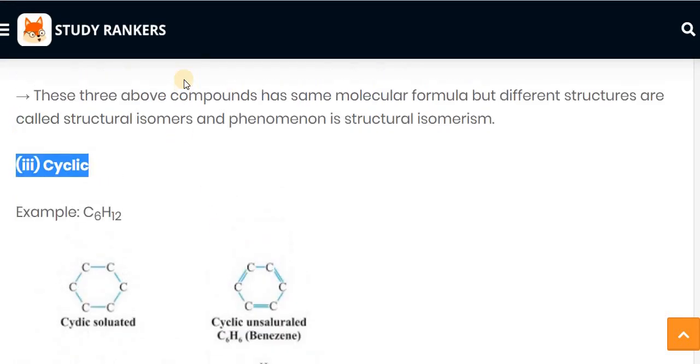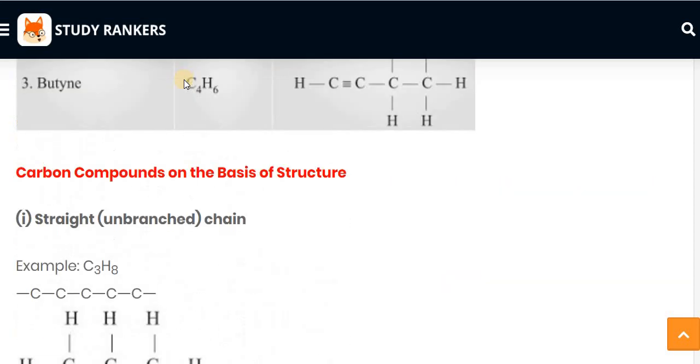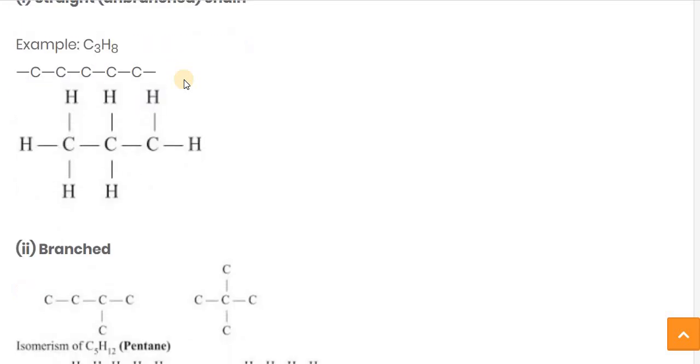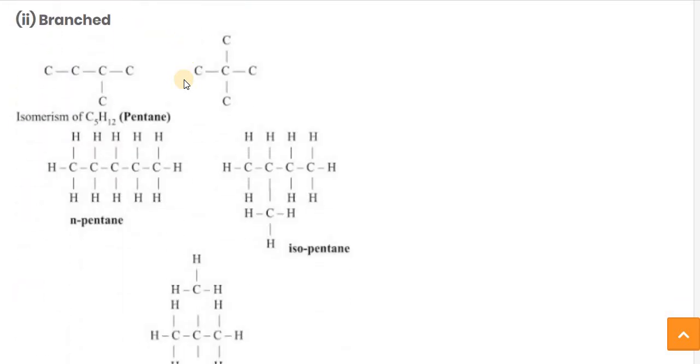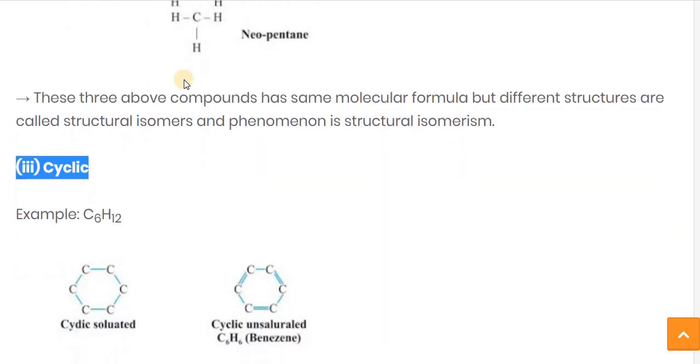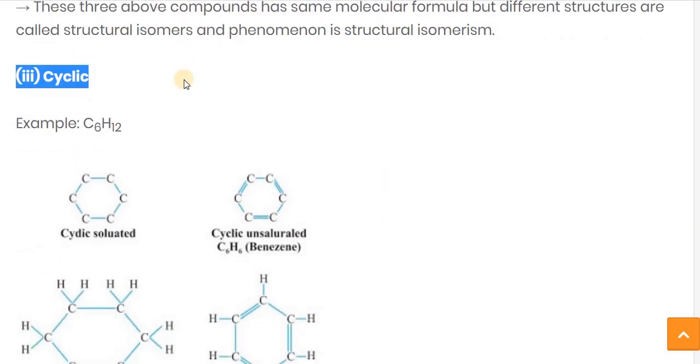The first type of carbon compound on the basis of their structure is straight. After that we have seen the branched structure, and now the third type is the cyclic structure. In the branched structure we have to describe the phenomenon of isomerization and also write the definition of isomer.